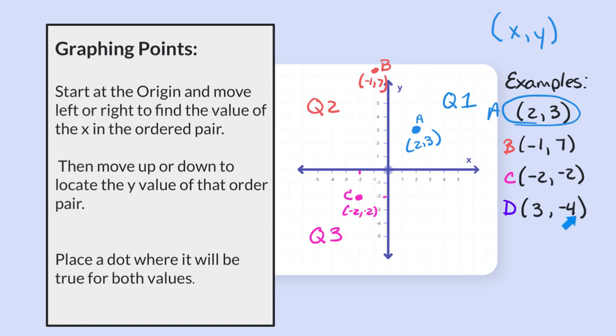Now I know I need to go -4, so -4 I'm going down. 1, 2, 3, 4, right here at this dot. Right there would be point D, 3, -4, and that is going to be in quadrant 4.